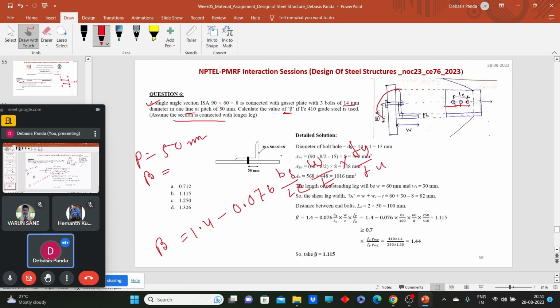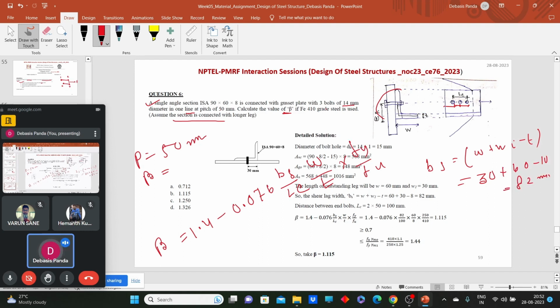What should be the value of shear lag length? So Bs will be directly w plus wy minus t. What is the value of w here? w is 60, so 30 plus 60 minus 10, that comes as 82. Clear?